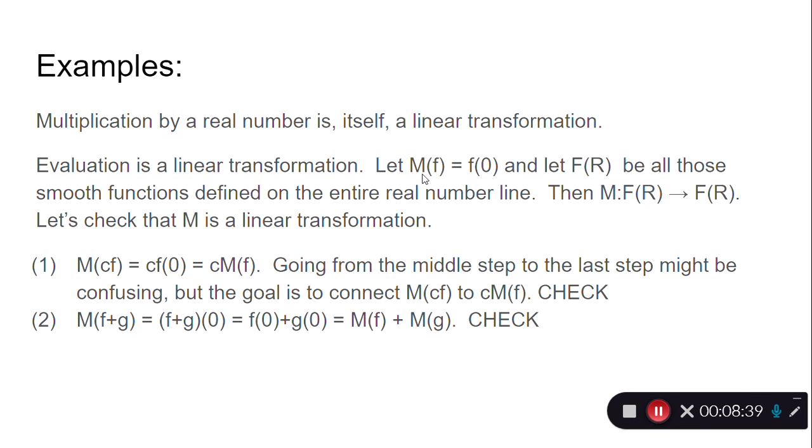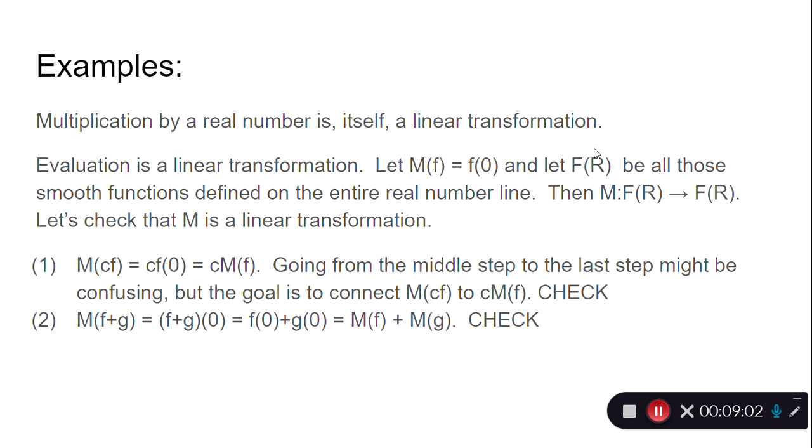So let's define capital M on a function f as evaluating at 0. And let's suppose that F(R) is all those smooth functions defined on the entire real line. So I'm being specific here. A function that's not in here is ln.